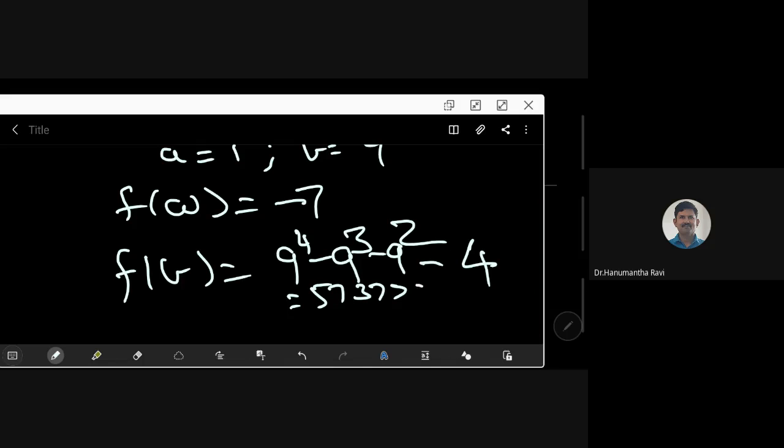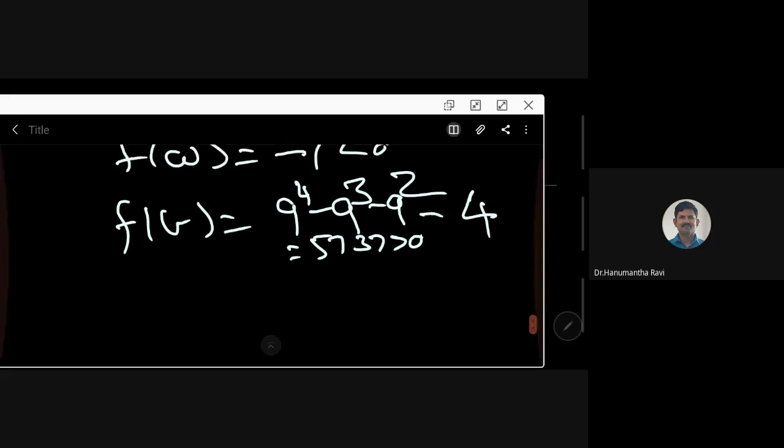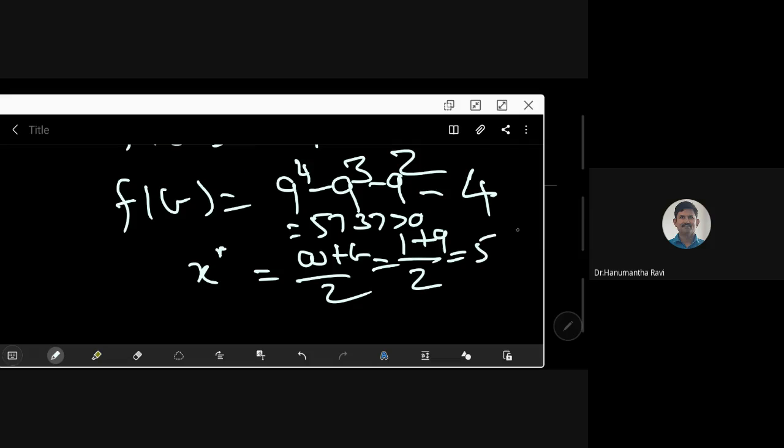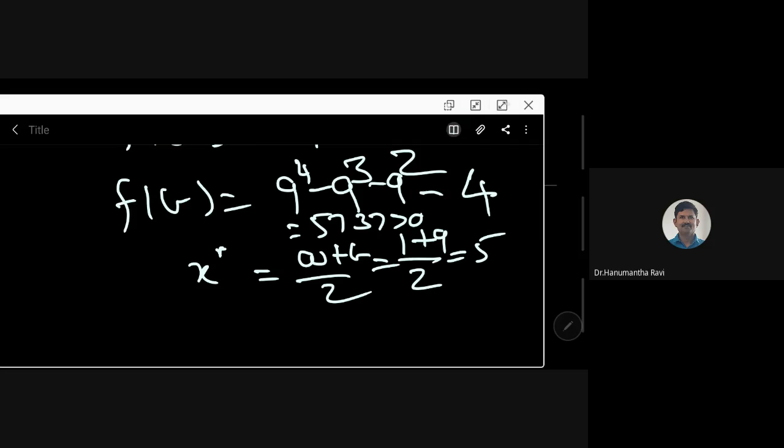This is positive, this is negative. So the root lies between these two numbers. Now what will be the approximate root? Your initial approximate root is a plus b by 2. So 1 plus 9 by 2 is 5. That is the first approximation, 5.